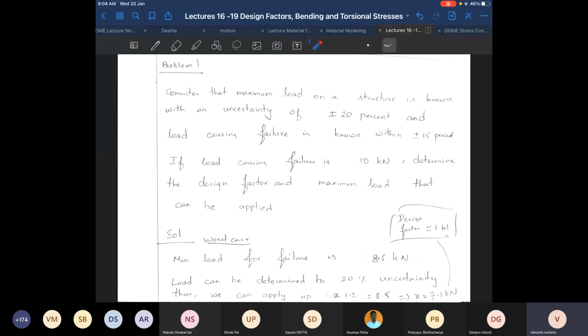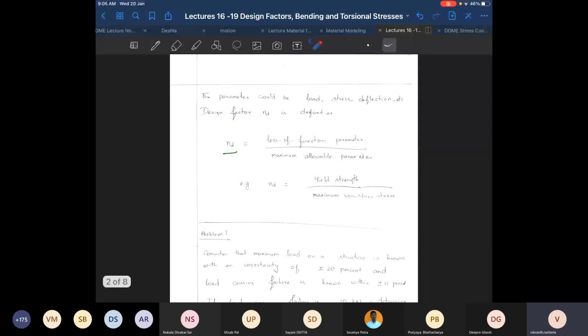How do I get to know the maximum load that I can apply? x times 1.2 would be equal to 8.5, or x would be equal to 7.1 kilonewtons. That is the maximum load that I can allow on that structure, and the design factor would be 10 divided by 7.1, so in this case it would be 1.41.